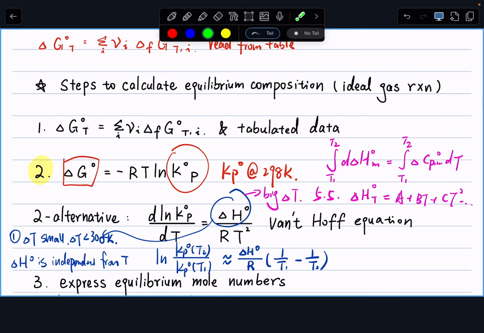We did not do an example of the temperature dependence, but these are things we discussed before, and we did that example here, right? 2 different scenarios. Delta T is small, you can directly use the van 't Hoff equation. Delta H is big, you want to look for information regarding how the delta H or heat capacity change with respect to temperature.